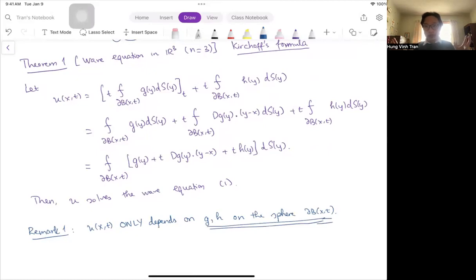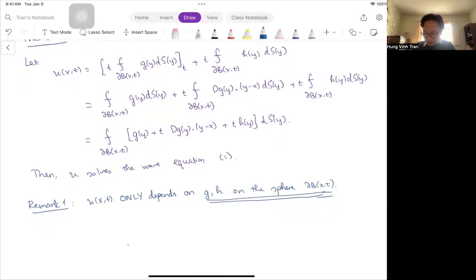In other words, let's say that you are at the point x at time t. What determines the information at you? It's only the information on the sphere around you, the sphere of radius t.